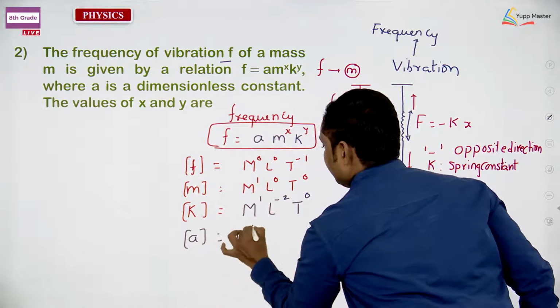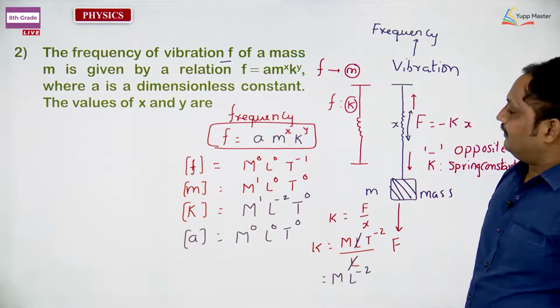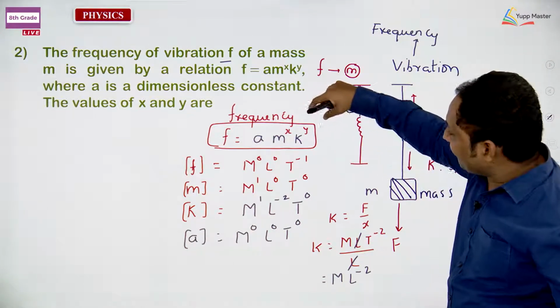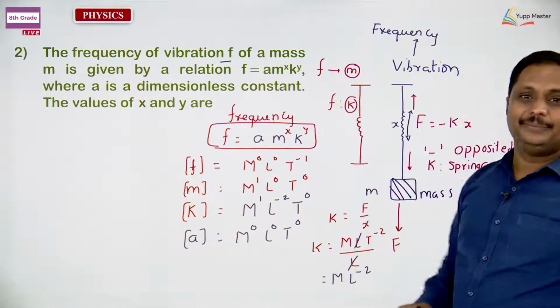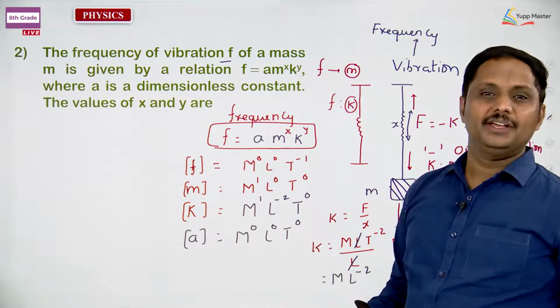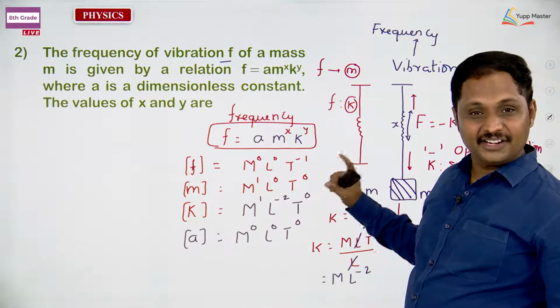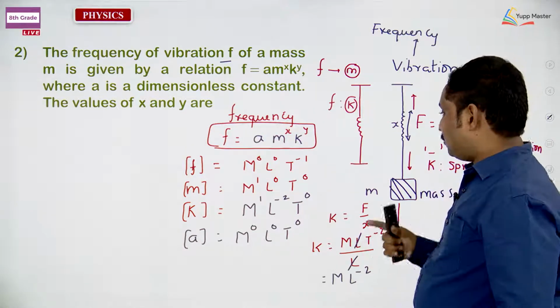Now we apply this: the powers are going to be compared. According to the principle of homogeneity, the left hand side and right hand side are going to be equal.